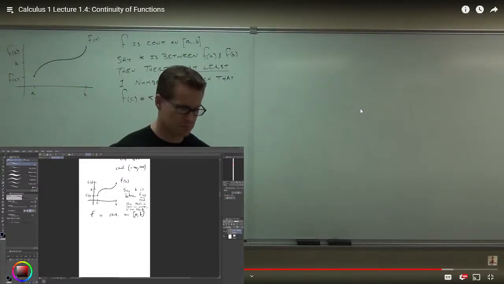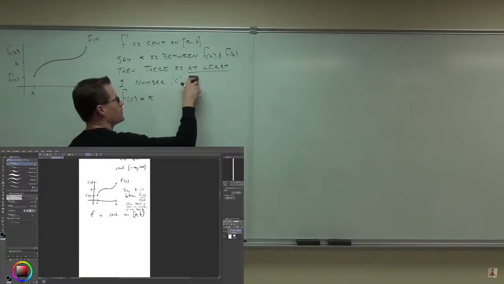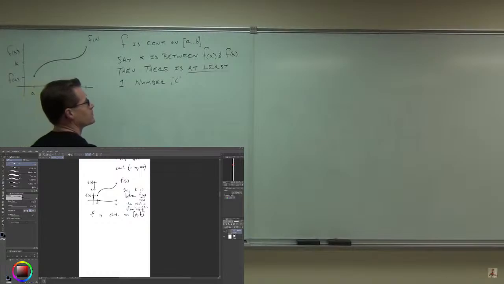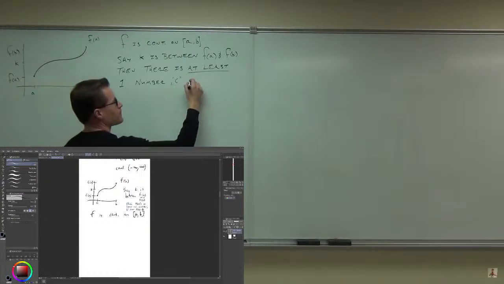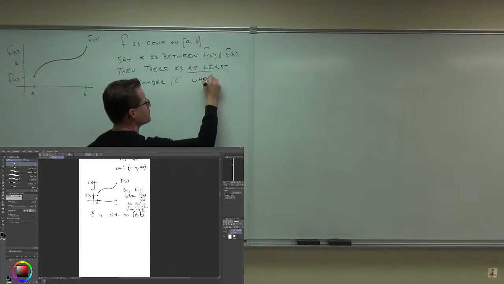Okay, pretty easy. Oh, you know what? I need to add one little part here. There's at least one number c where c is between a and b. That's kind of a key point.